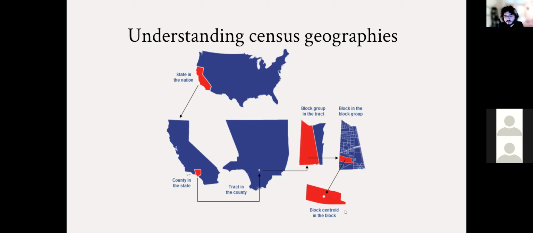Mostly you'll be encountering either the block group or the block in the mapping tools. So things like Representable, District Builder, and other applications will revolve around using block groups or other means to create either a map or your own community of interest.